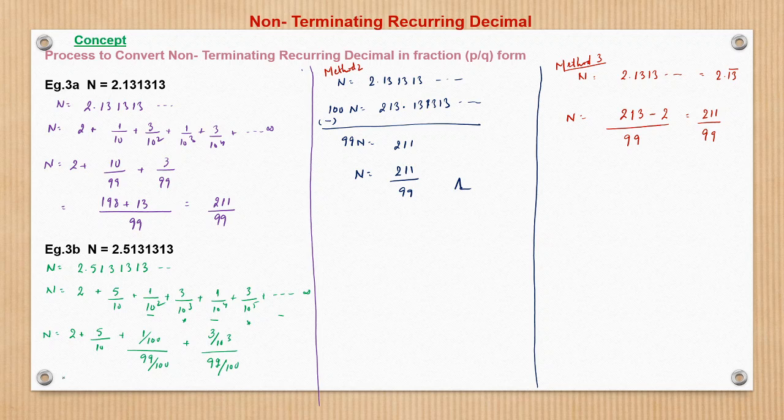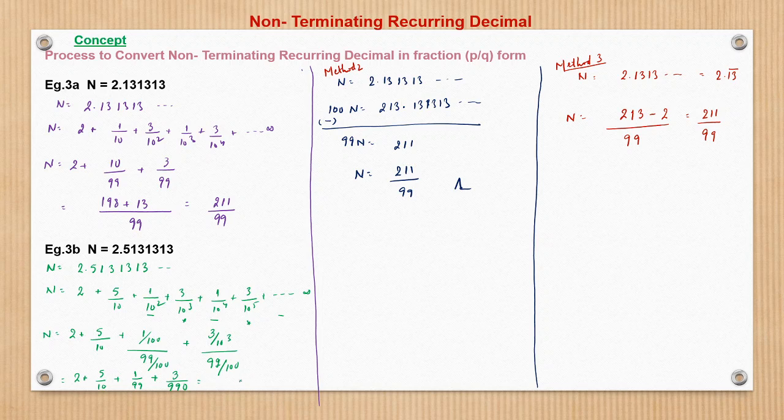So this we can further solve as 2 plus 5 by 10 plus this becomes 1 by 99 plus this becomes 3 by 990, right? This is 3 upon 1000 upon 99 upon 100, so this becomes 3 upon 990.